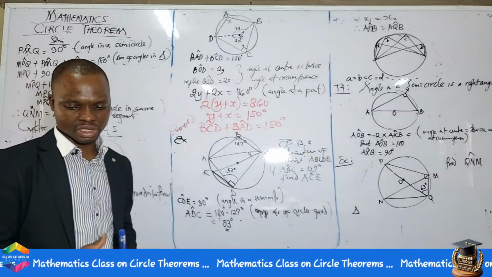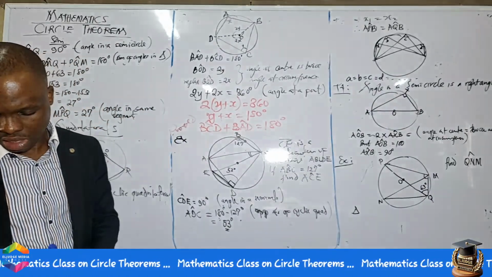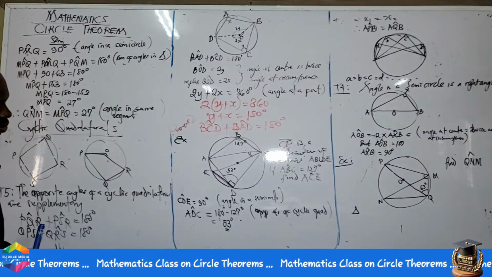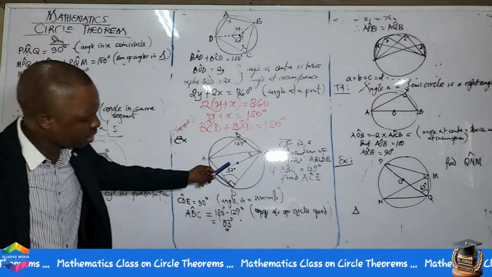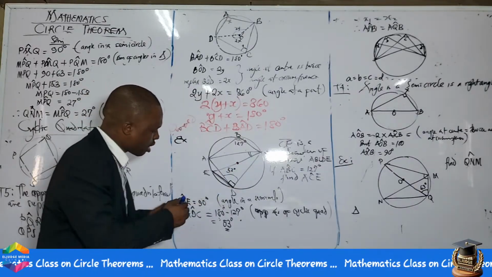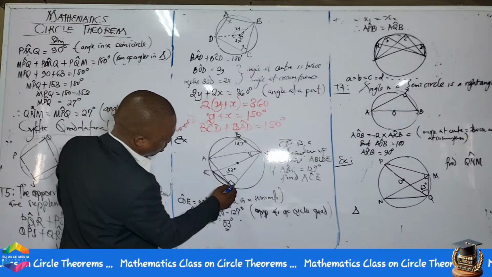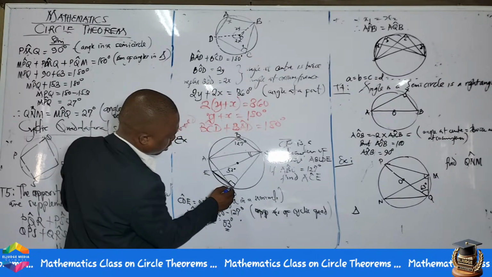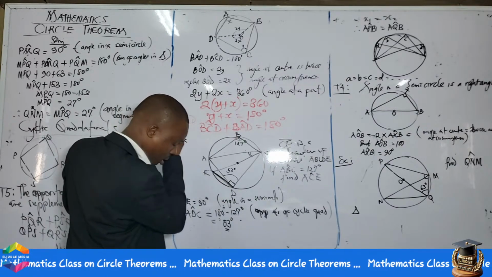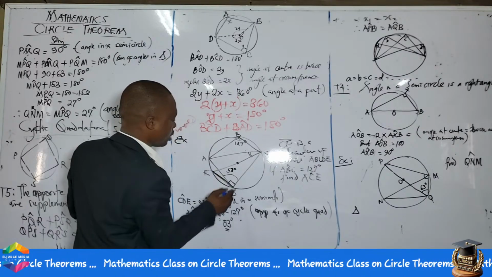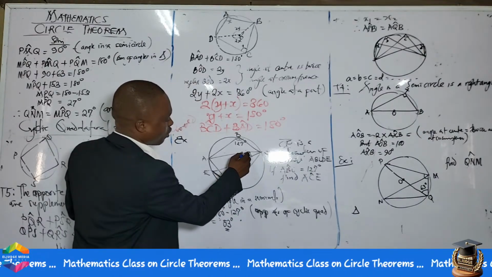If that is 53 degrees, then we can actually get this side here. This is 90 and this is 53 degrees, and we're looking for this angle.